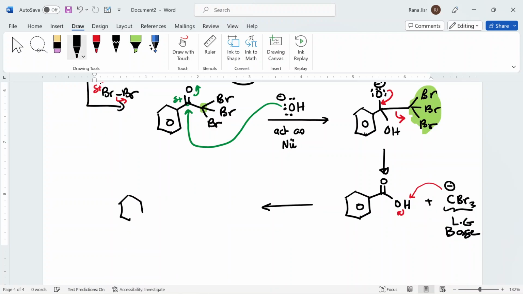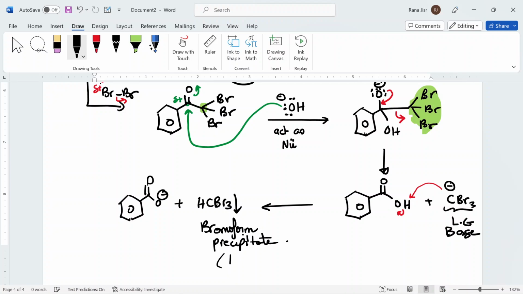So we're going to end up forming the carboxylate plus the bromoform precipitate. Okay. That precipitate is kind of like a brownish in color.